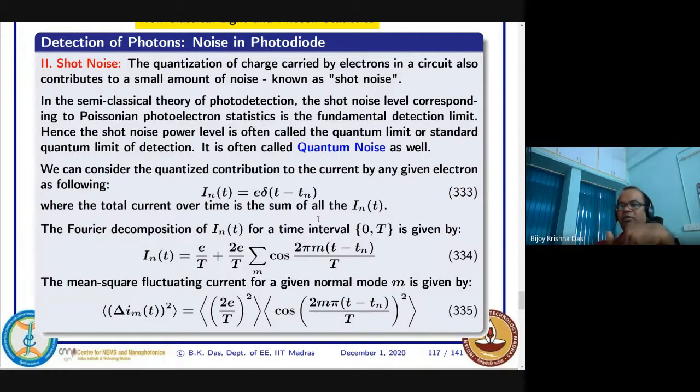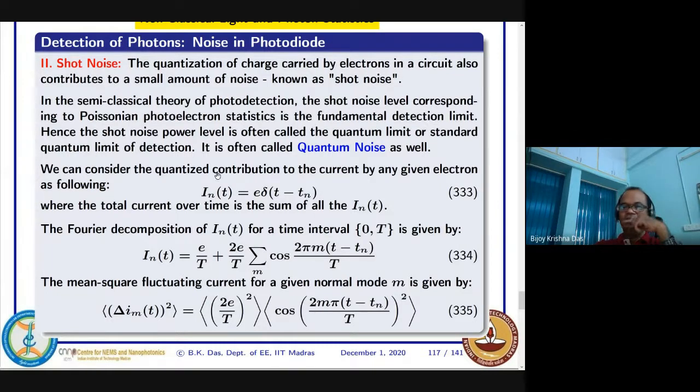It can come at a different time interval and give you one spike, and then at another interval, not regularly, another spike is coming. You have to consider every electron, how much it is contributing, one photon to one electron. So we will be facing a certain kind of noise called shot noise.